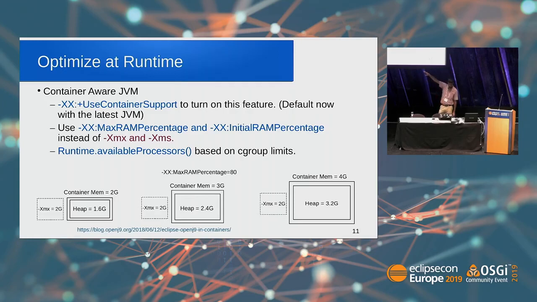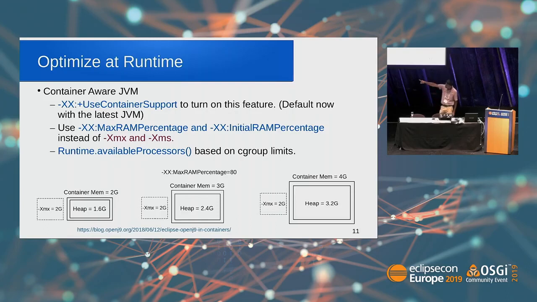As indicated here inside the box, in the first case it would be 1.6 GB, and 2.4, and 3.2 and so on. So it automatically expands and contracts with the size that has been imposed on it. So I would suggest that please use -XX:MaxRAMPercentage and InitialRAMPercentage instead of -Xmx and -Xms.